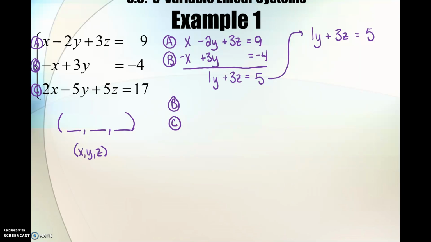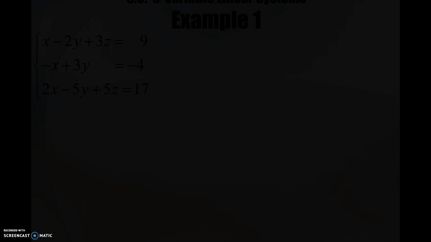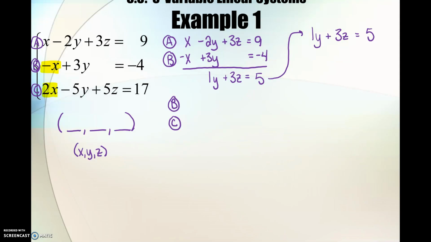But take a look at B and C. If I use B and C right now, would these x's eliminate? Don't move on yet. What do I need to do to equation B to make those 2 equations eliminate the x? Times 2. So right down here, I'm going to put 2 times equation B, just a visual cue to myself that I need to multiply it by 2 before I write it down here.